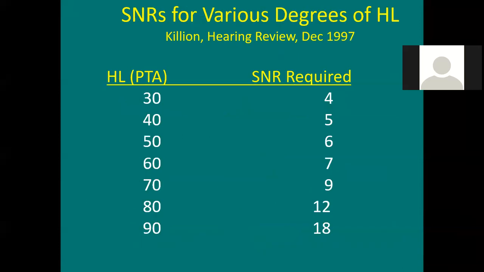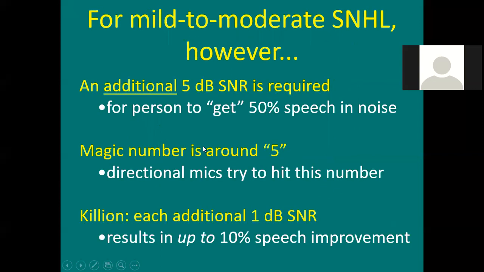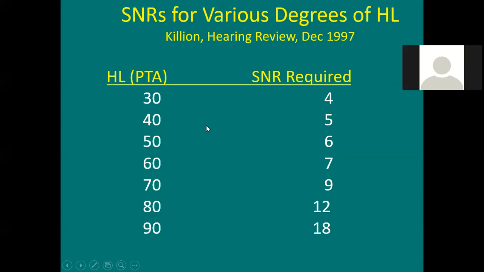It's not bad. So the pure tone average, if you're looking at hearing losses getting worse and worse, look at what signal-to-noise ratios are required to get 50% of the speech. And if directional mics can only give you a 5 decibel maximum speech improvement, you can see that directional mics are really only good for mild to moderate losses.